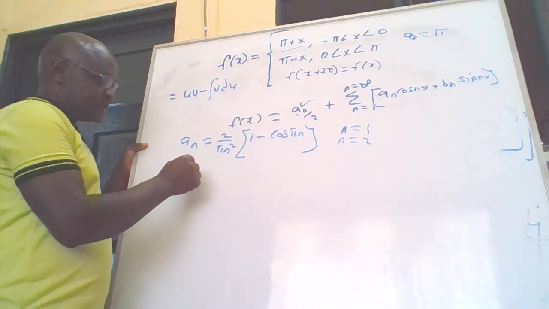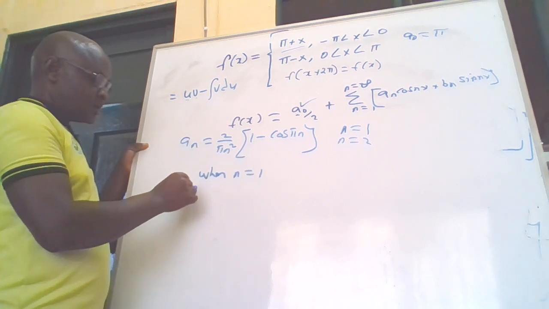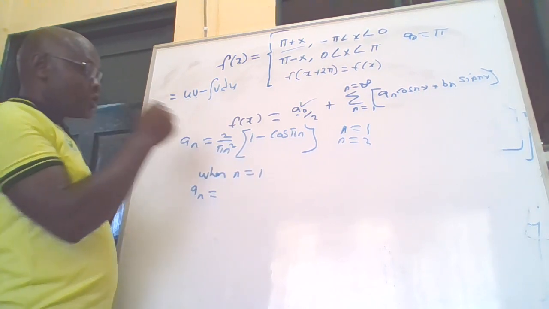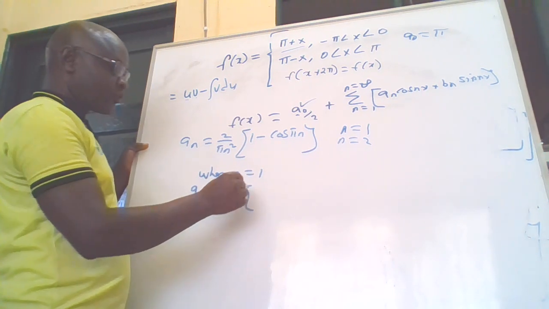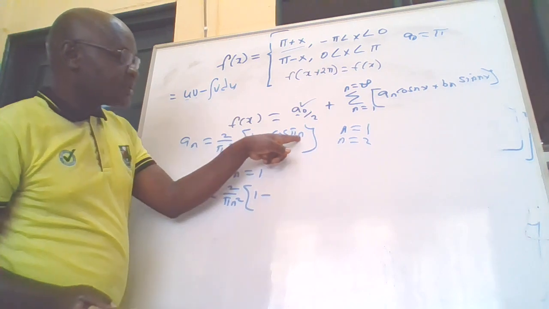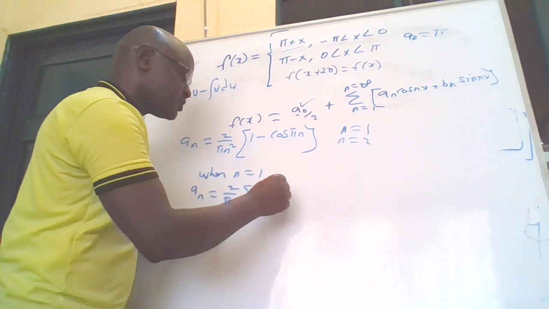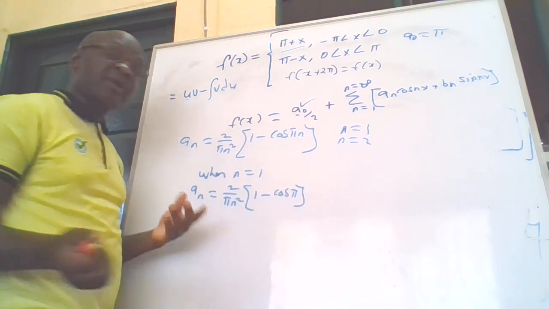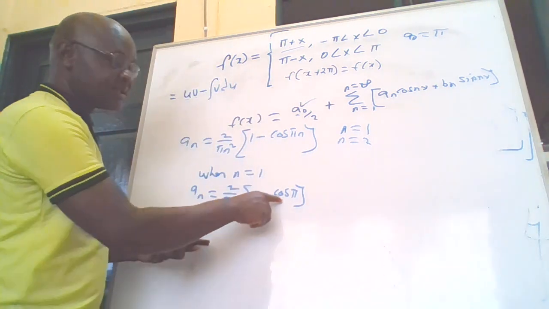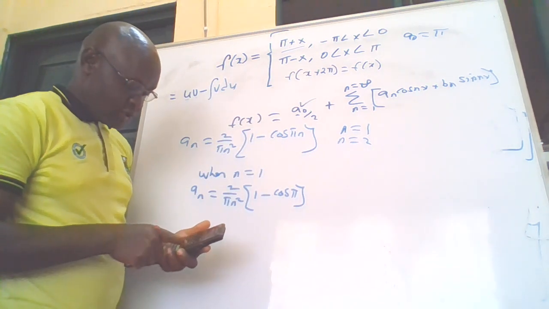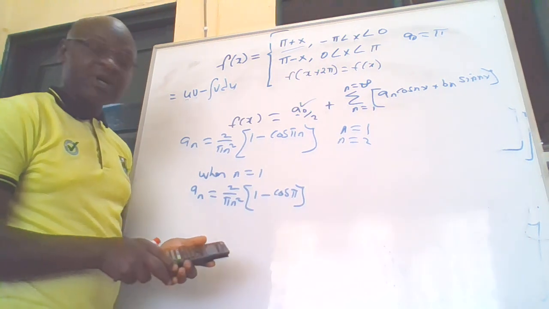Now, we shall say when n equals to 1, our an will be equal to 2 all over pi n squared into 1 minus cos pi. Cos pi is the same as cos 180. What is cos 180 when you use your calculator? Cos 180 is negative 1.